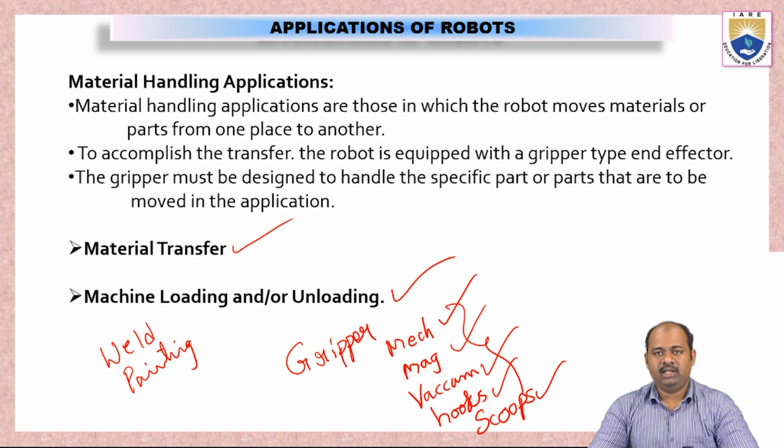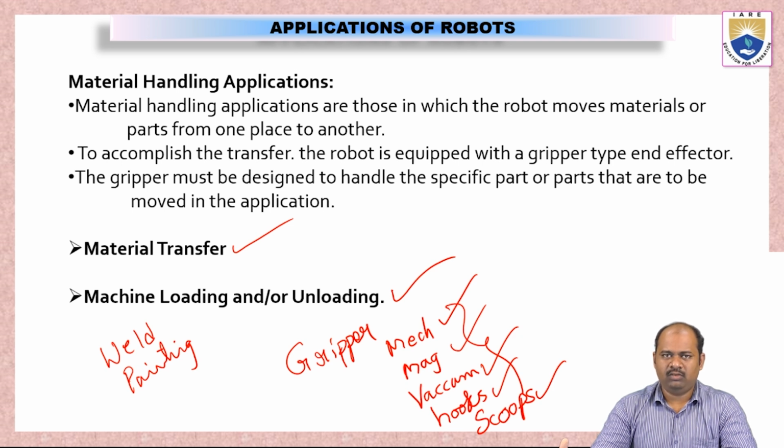So using these grippers, we can carry any object from one place to another place within the work envelope of the robot. Work envelope is the volume around the robot in which it can work. Now, material handling applications are those in which robots move materials or parts from one place to another place.